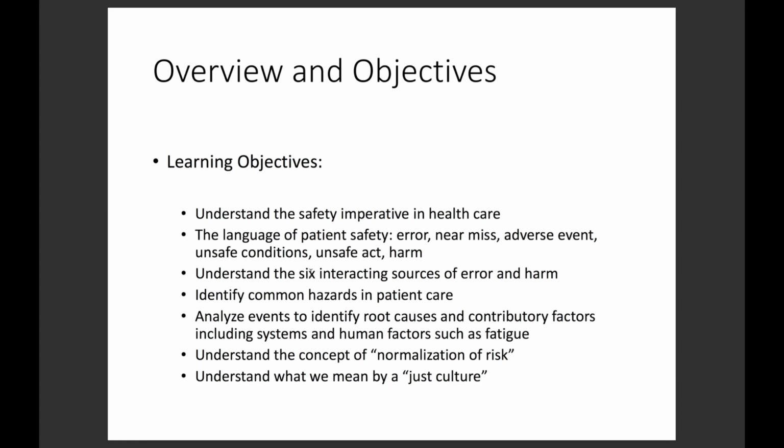One of the big pieces you're going to learn is to be able to distinguish between system-based factors and human factors. That's going to be the major dividing point we'll be thinking about. Understand the concept of normalization of risk, and understand what we mean by the words just culture.